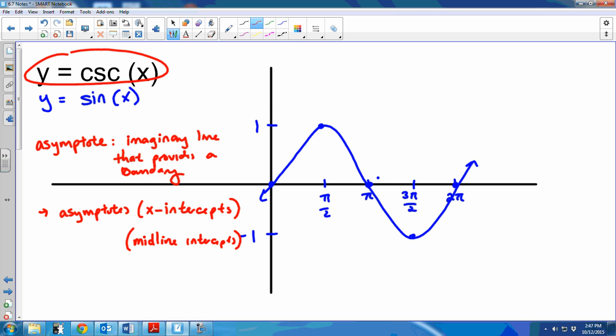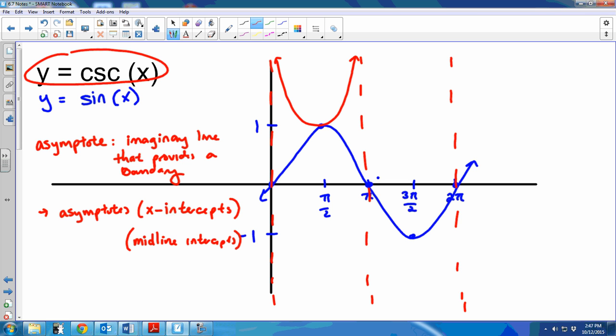All right, so right now we have an asymptote on the y-axis. We have one at pi and one at 2 pi. Again, those are imaginary lines. I've made them dotted. Now cosecant, again, is a set of parabolas. So you can graph the parabola off the top of the sine curve.